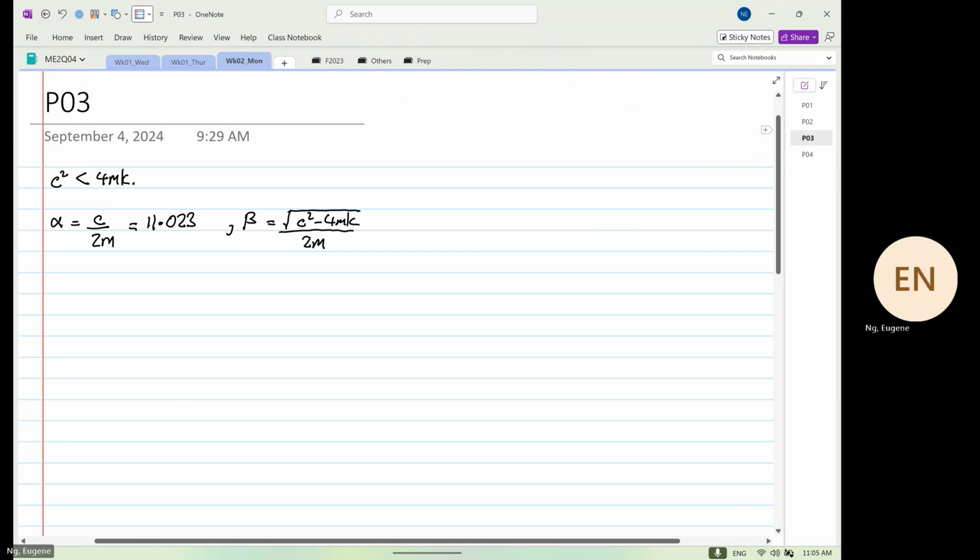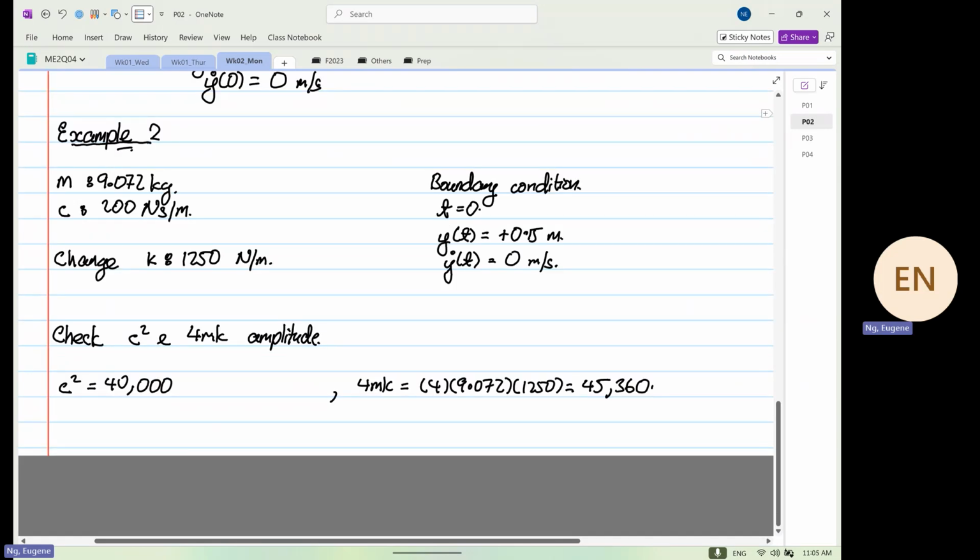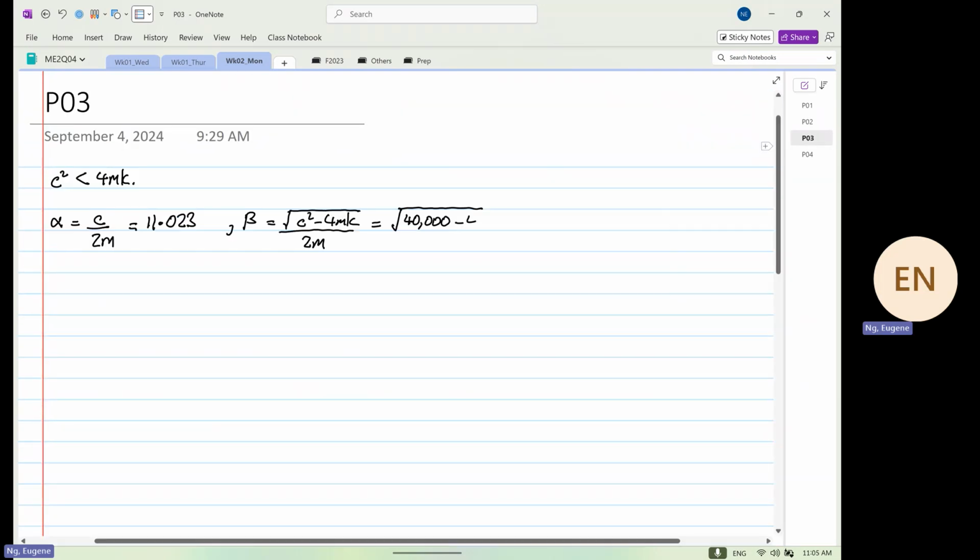When you put the values in, C squared is 40,000 minus 4mk, which we computed earlier, 45,360, and then you divide by 2 times 9.072. And you know that this is impossible.